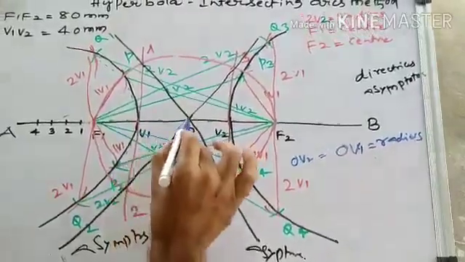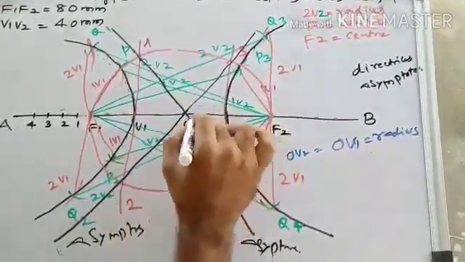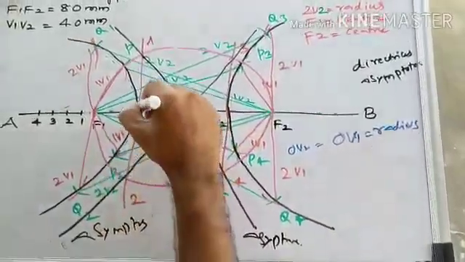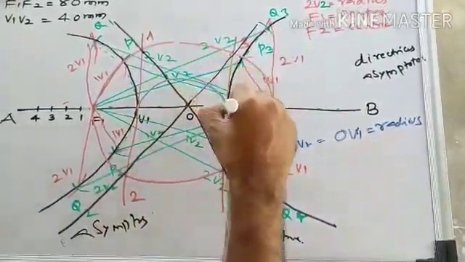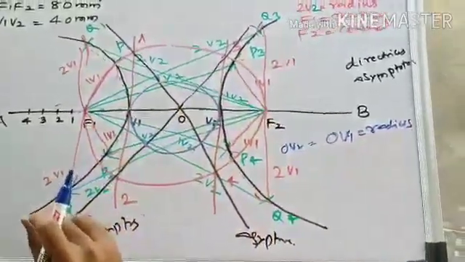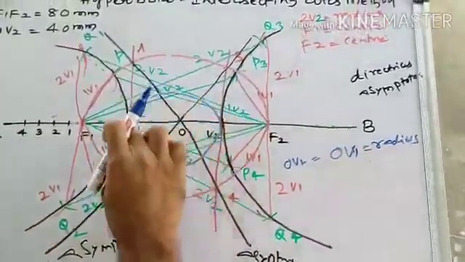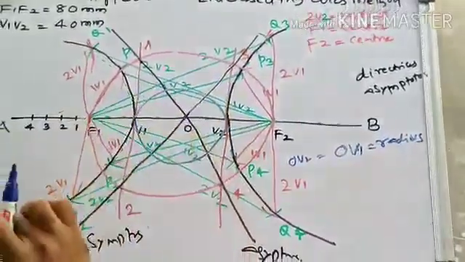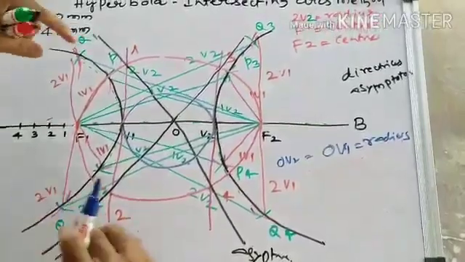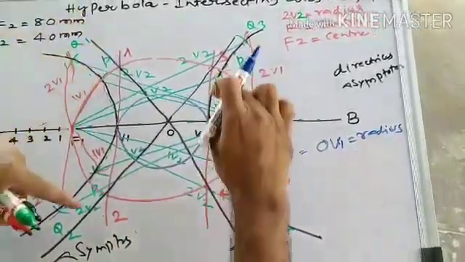O is the center. By using a compass, draw another circle. Now this smaller circle with radius OV1 is going to cut the lines 1 and 4, and 3 and 2.